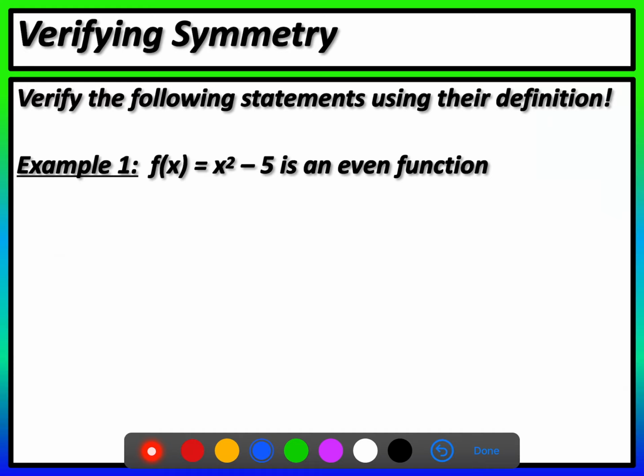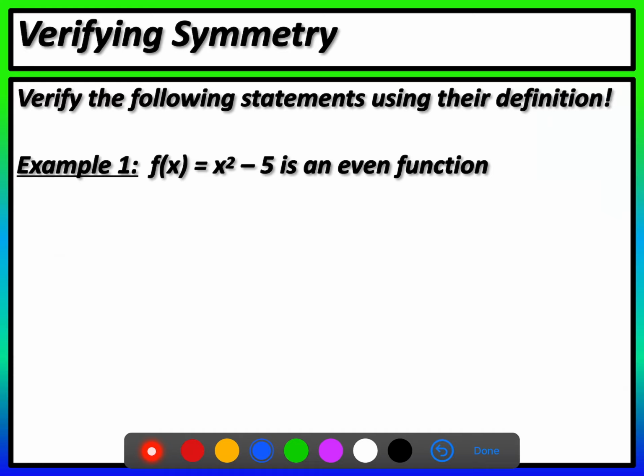All right, so we're going to start off with proving that this function is even. Now, this is not always the wording and the directions that are going to be used in the problem. A lot of the time it's going to say, determine the symmetry for this function. And you will then have to cycle through, try and prove that it's even, try and prove that it's odd, try and prove that it's x-axis.